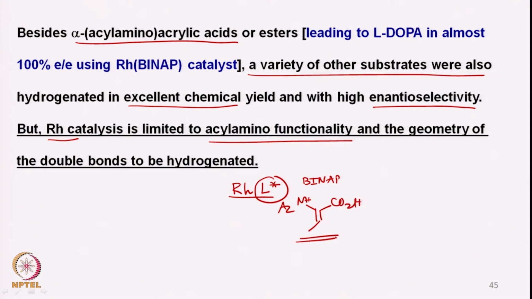But these rhodium catalysts were not particularly useful in some other contexts, and therefore Noyori developed many other catalysts and ligands to overcome this and apply new methods for the reduction of different types of molecules.